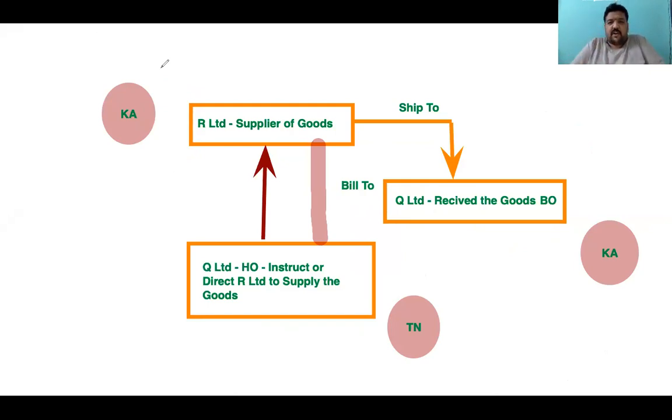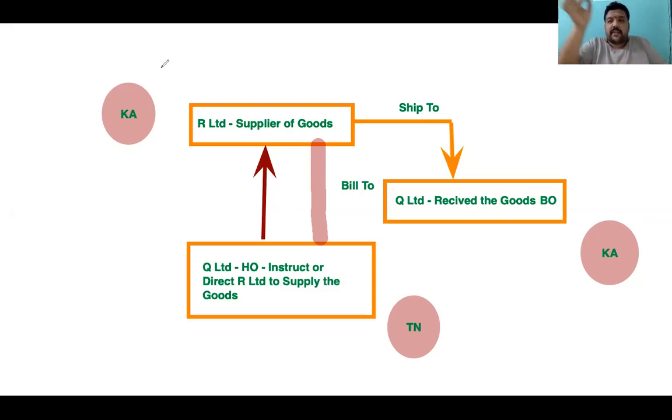In GST law, HO in Tamil Nadu and branch office in Karnataka are treated as two distinct persons. Can you appreciate this discussion? In Schedule 1, when we referred to distinct person, we went to Section 25 subsection 4 and 25 subsection 5 and understood that any transaction between distinct persons, even without consideration, would be treated as supply.